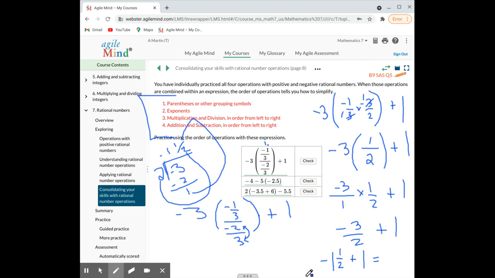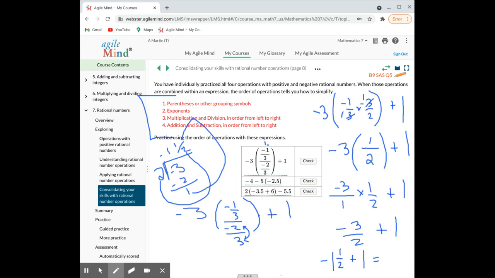Well, look at that. We have 1 whole, and then we have -1. If we have -1 and we have 1 whole, what happens to them when they're combined? What do they do to each other?